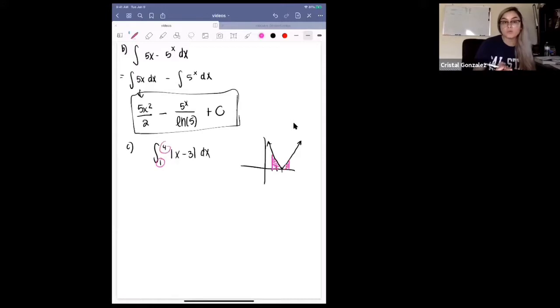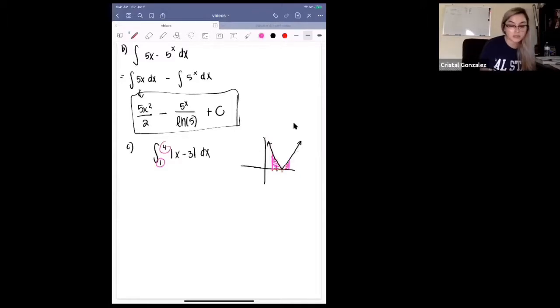Well, we can actually break up this integral into two different functions, because this one here is going to be negative x minus 3, and this one's going to be positive x minus 3. And so what you're going to want to do is break up the graph at this part here.